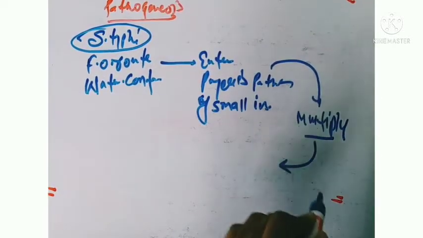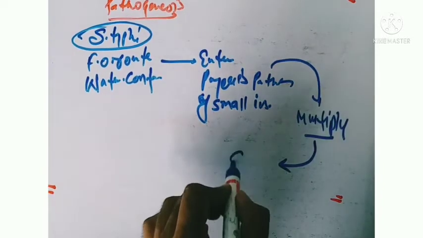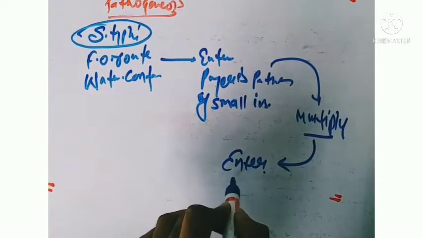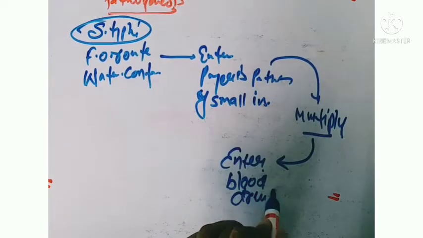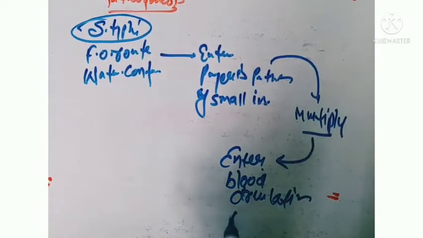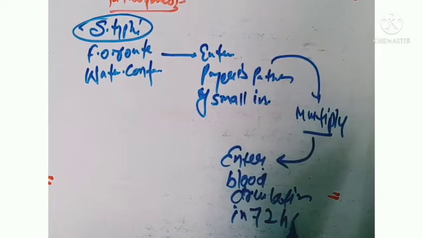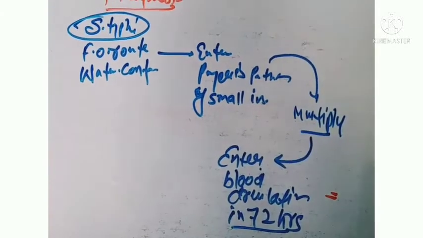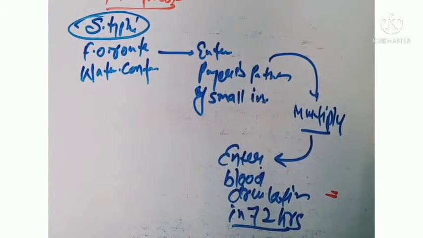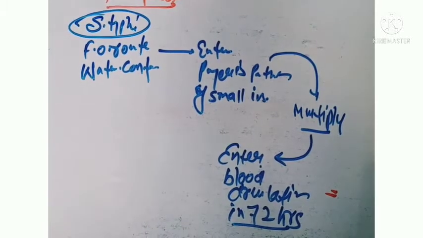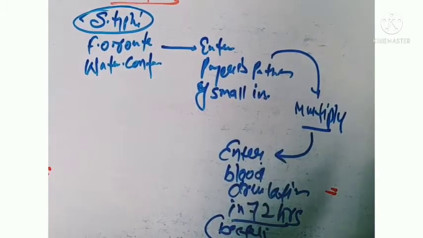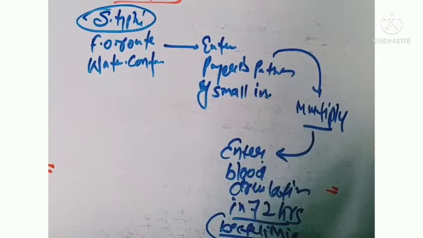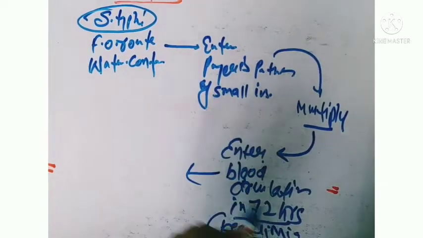After the multiplication, it will enter into the blood circulation in 72 hours. Okay, so in 72 hours it will enter the blood circulation, and this condition is called bacteremia, that is bacteria's presence.